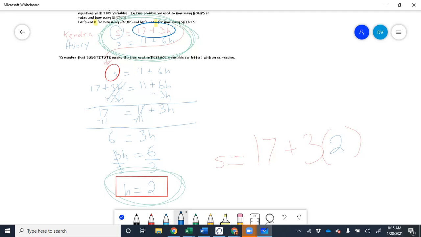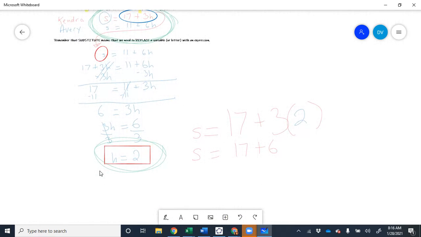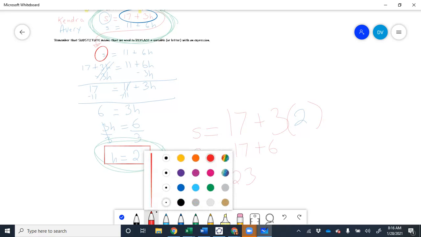So that's going to be 3 times 2, and our s will be equal to 17 plus 3 times 2, which is 6. And that's a simple addition. S is going to be equal to 23. 17 plus 6 is 23. So that's our other variable.